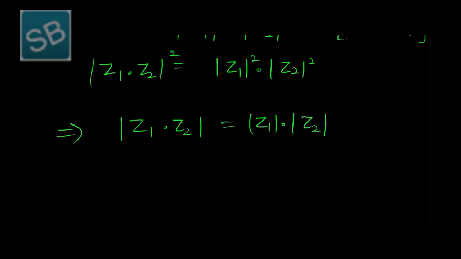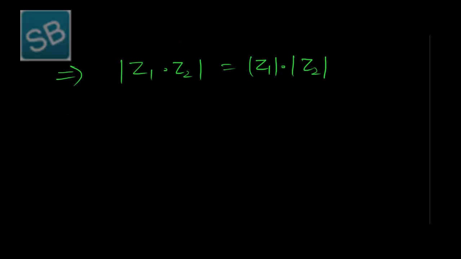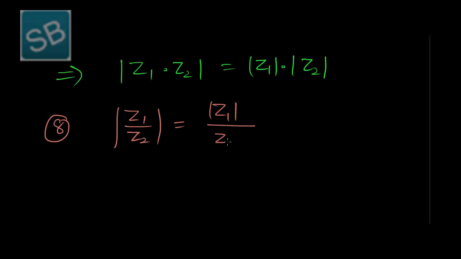That was our required result. So the next one is the number 8 property: mod of z1 over z2 is equal to mod z1 over mod z2.